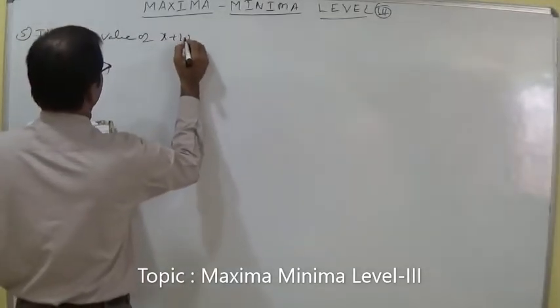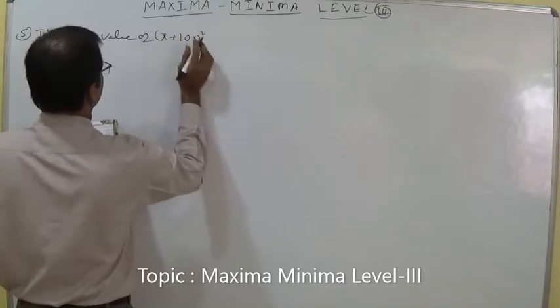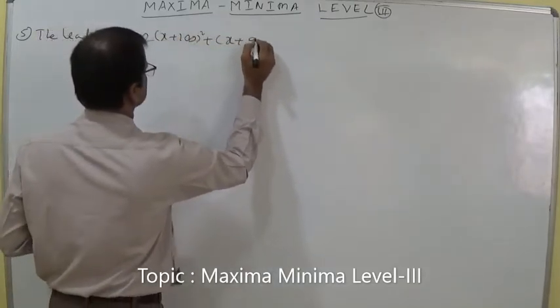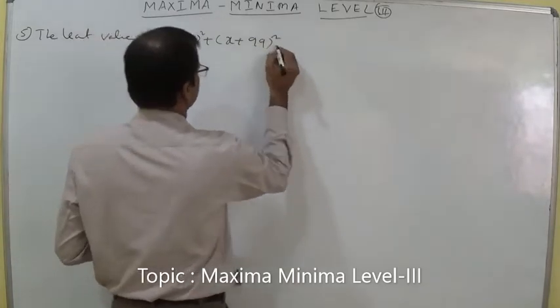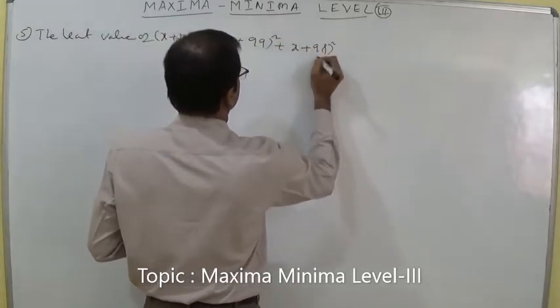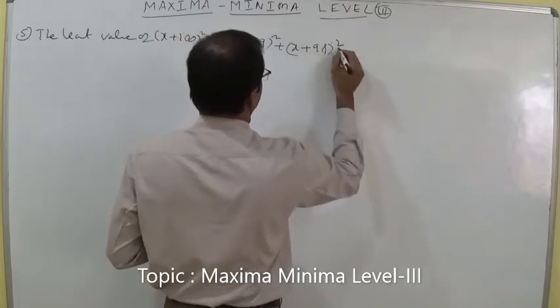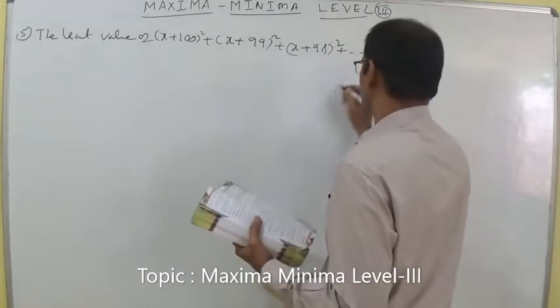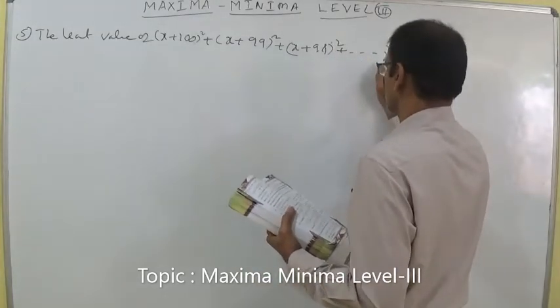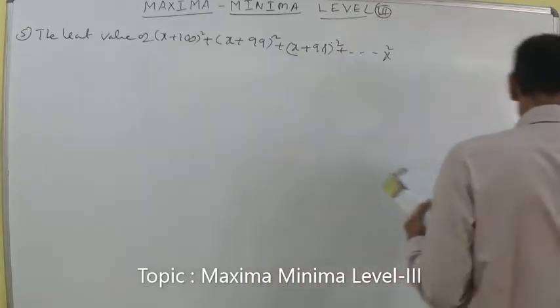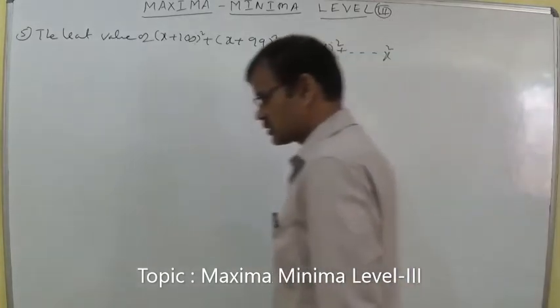(x + 100)² + (x + 99)² + (x + 98)² plus so on, x². Let us write here (x + 1)² later x².